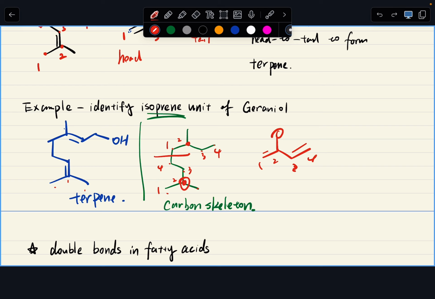So in the main chain, you have 1, 2, 3, 4. That's the 4 carbons of your main chain. But you also have a side chain on your carbon 2. The same applies to the top unit. You have 1, 2, 3, 4, and then you have a side chain on carbon 2. So that's what I mean when I say the carbon skeleton.